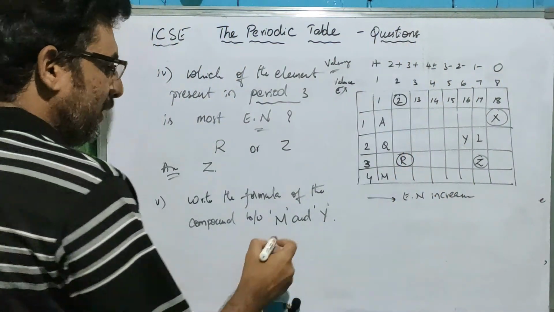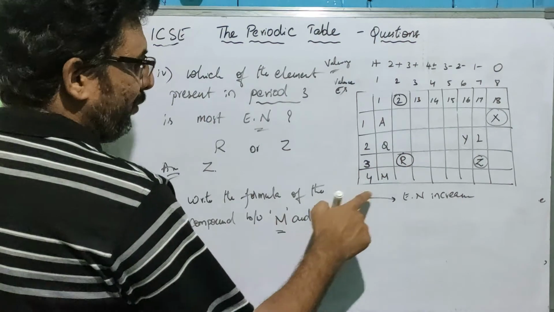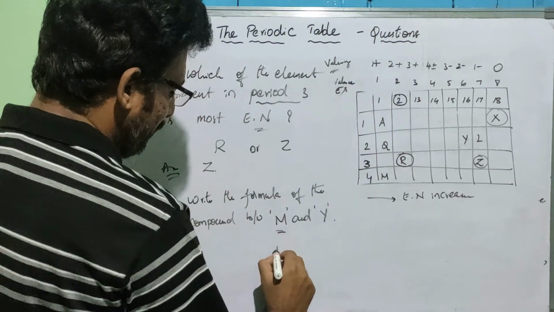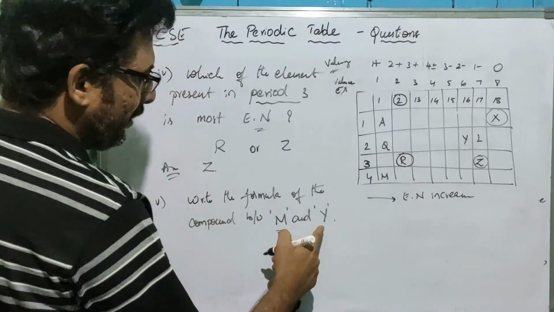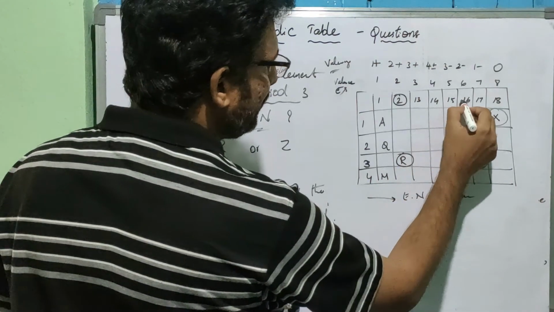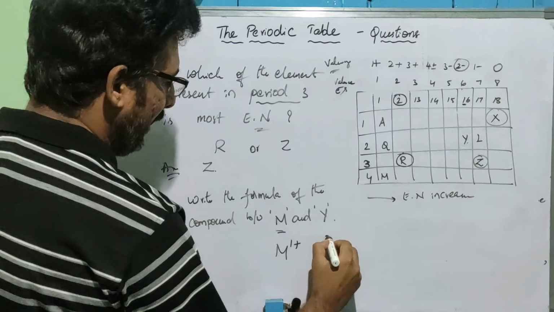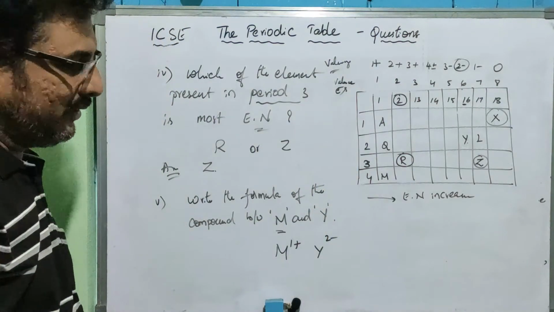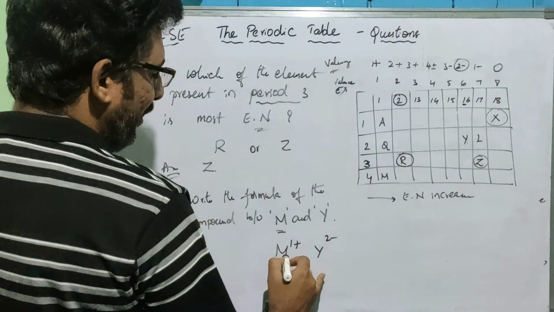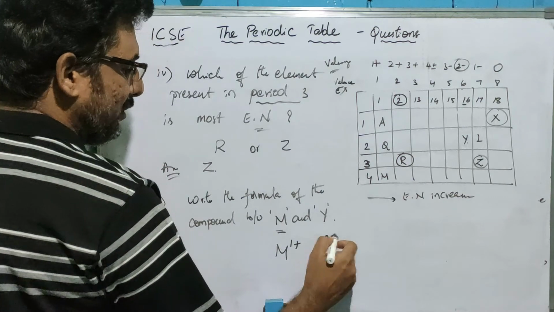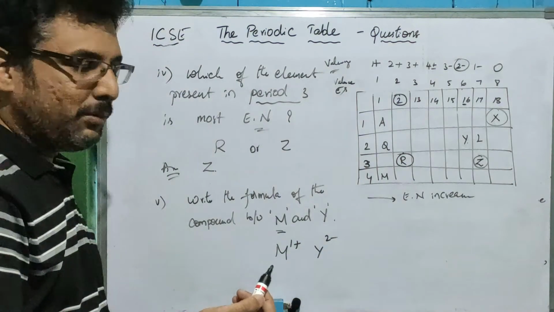So now the valency of M which belongs to group 1 will be 1 plus, and Y belongs to group 16, which means its valency is 2 minus. So M valency is 1 plus and the valency of Y is 2 minus. So to write the formula, what do we do?